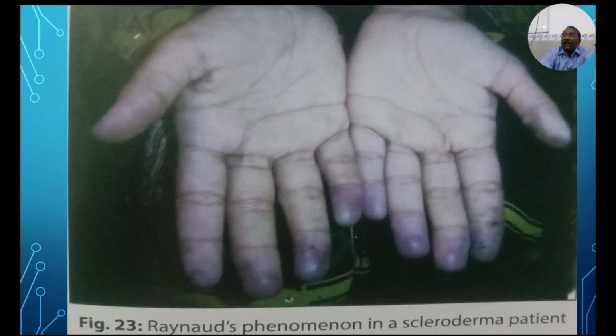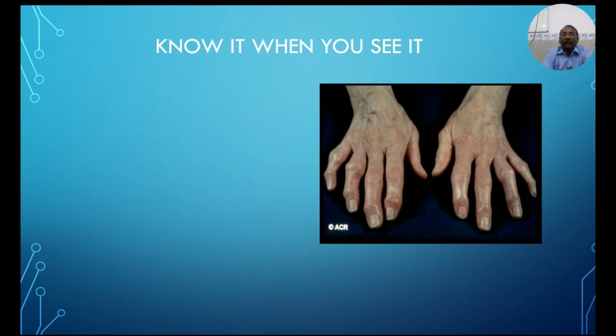See the picture here, Raynaud's phenomenon. So what is it? Which joints are involved here? The distal joints are prominently involved here, almost bony like.